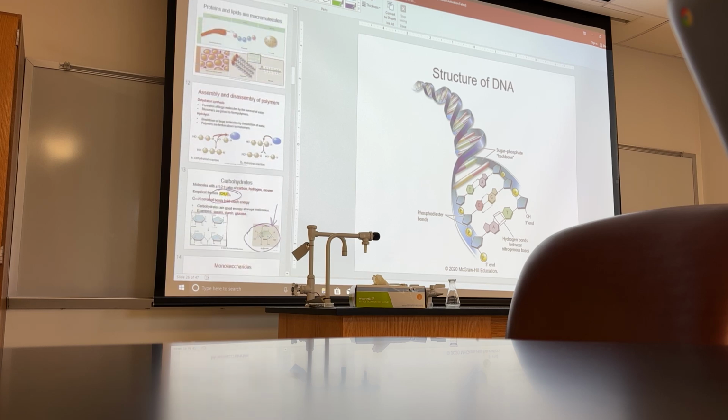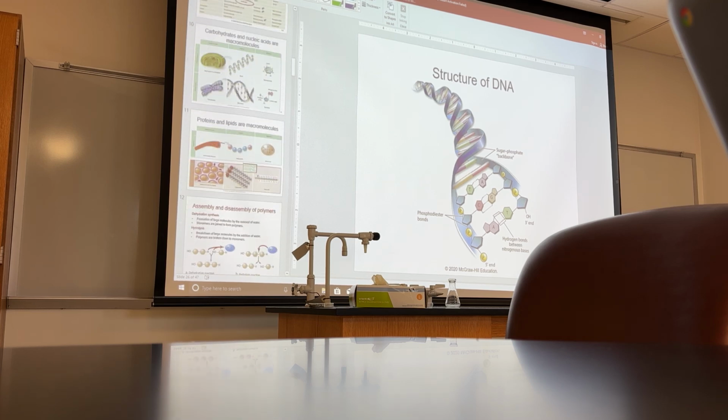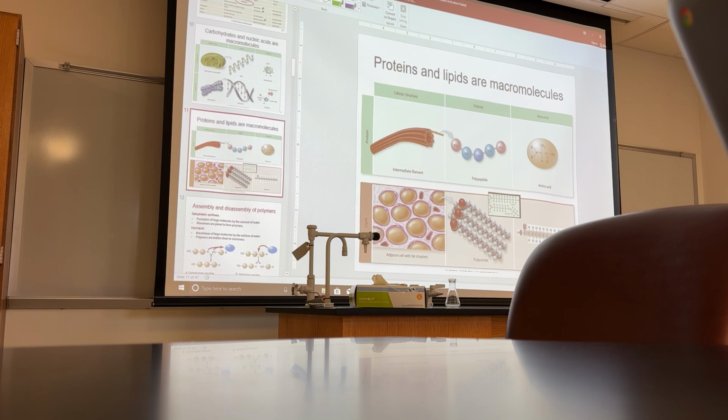All right. Now, overall, I want you to understand. So here's a protein right here. These are the different proteins that are made. We'll talk about later how they're made, but these are amino acids.